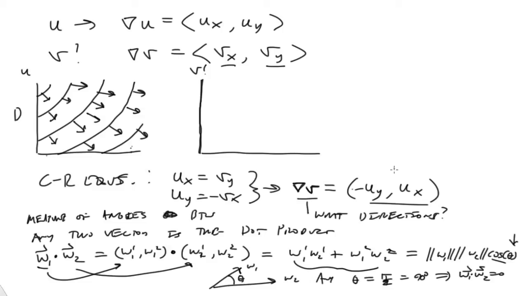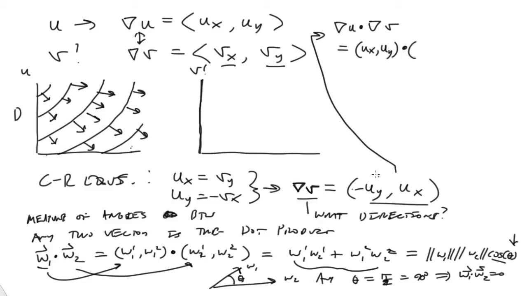So now let's check here. Let's look up here. Let's see what the relationship between these two vector fields are. So if I write the gradient field of u dotted with the gradient field of v, that's equal to ux, uy, dotted with, now we can put this in its place right here, negative uy, comma, ux, and we see that that has to be negative ux times uy plus uy times ux, which is clearly always 0.